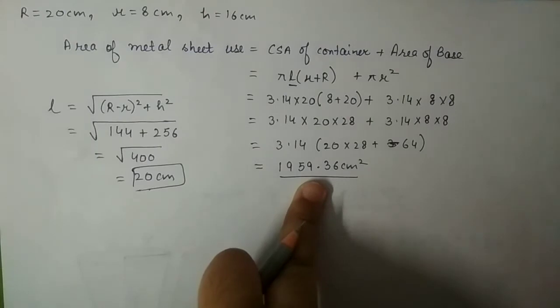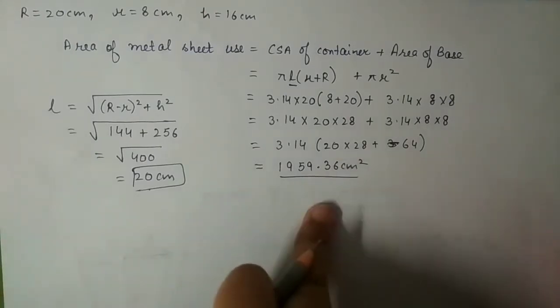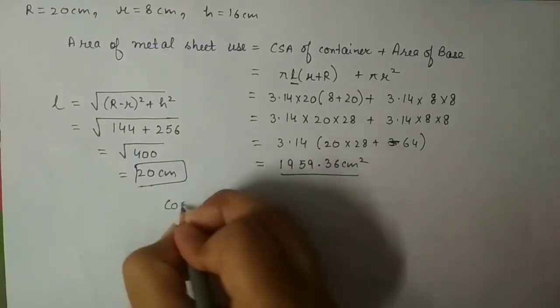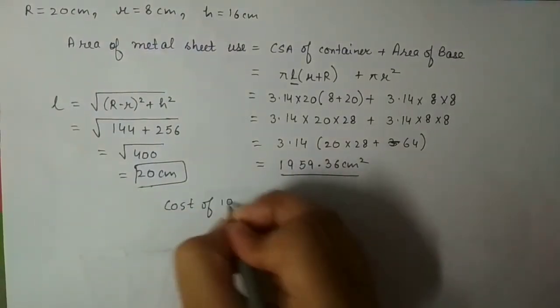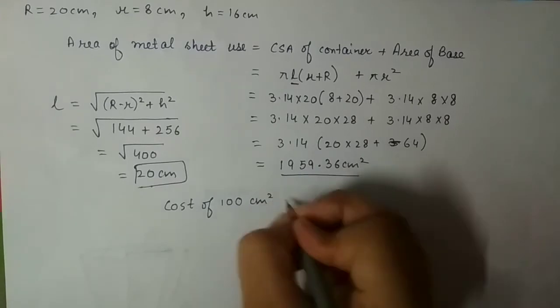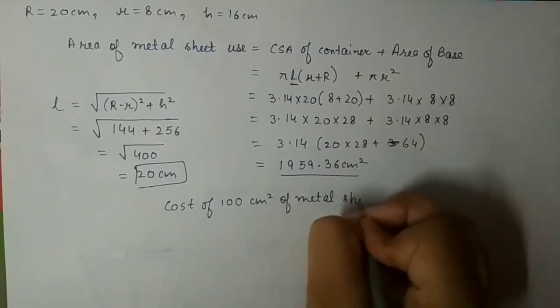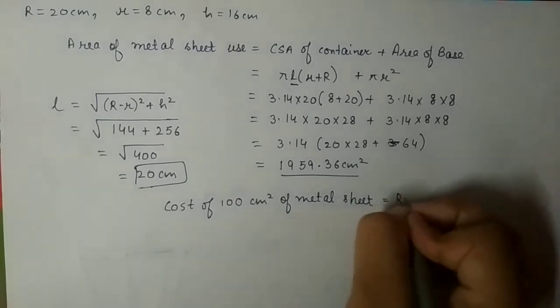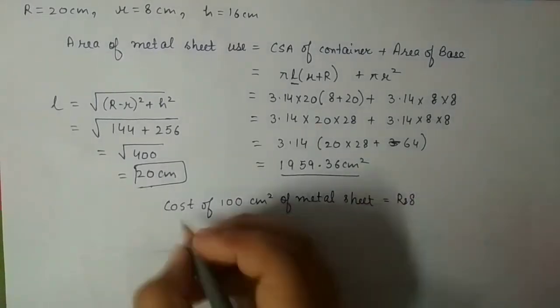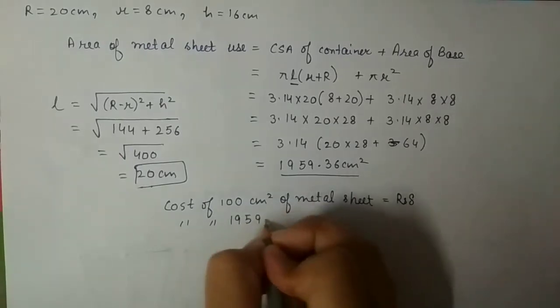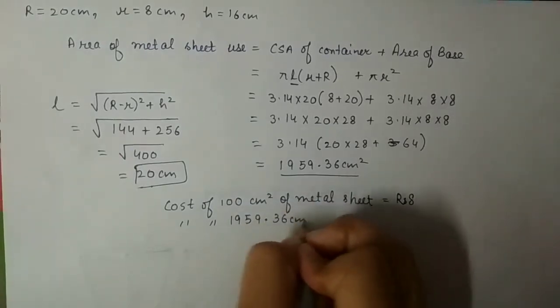So we need to find the cost of the metal sheet, and what is given? It is given that the cost of 100 centimeter square of metal sheet is equal to rupees 8. So what would be the cost of 1959.36 centimeter square of metal sheet?